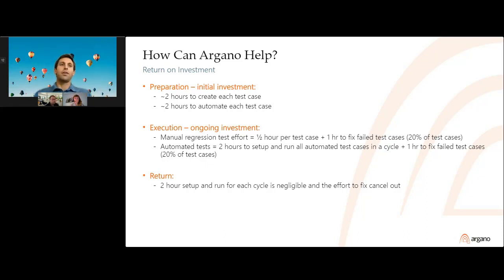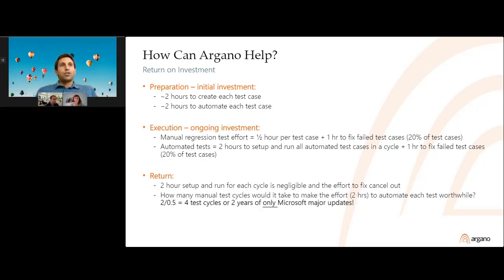What we're looking at here is that for the 2 hours to automate each test case and the half an hour to execute per test case manually, we divide those, and we get around 4.